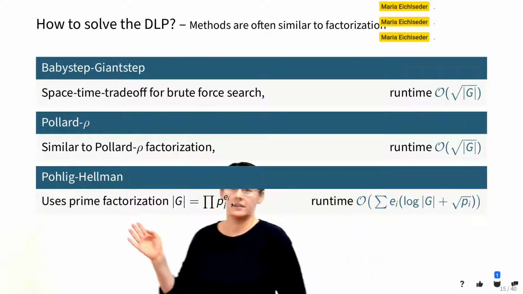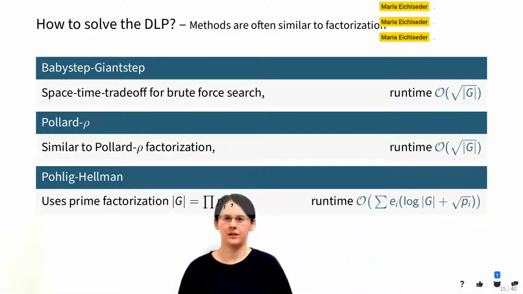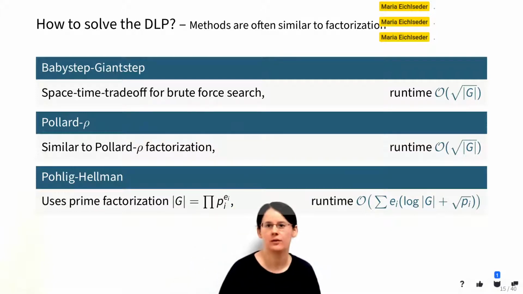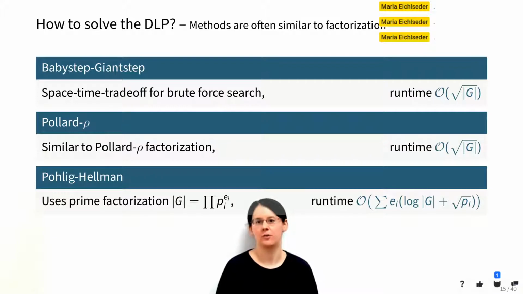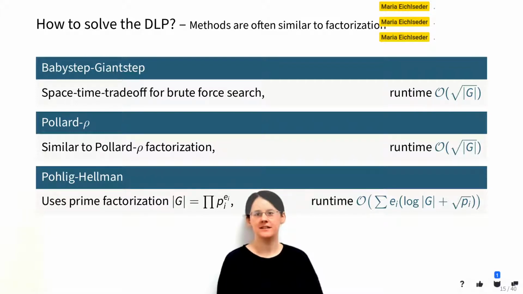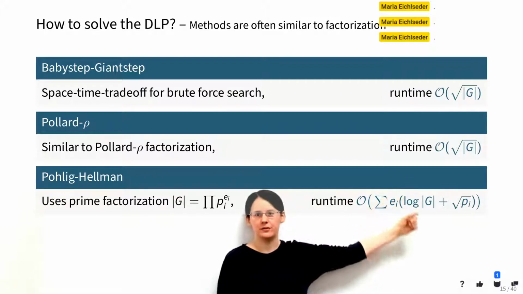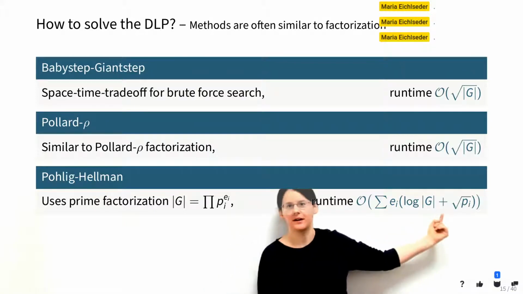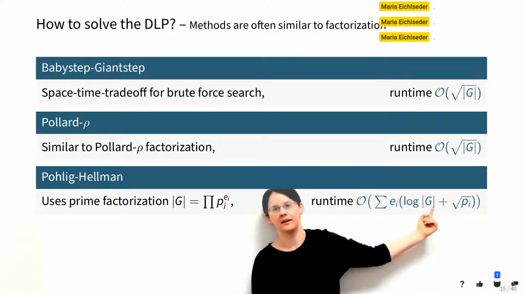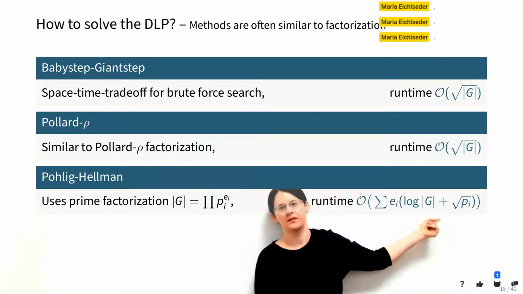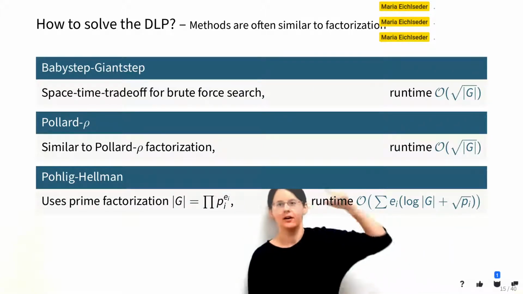There's one other algorithm, the Pohlig-Hellman algorithm, which has a more complicated looking runtime, but it's actually not that much more complicated. The main difference is that it also has the square root factor in it, but it's not with respect to the size of the group, but with respect to the size of the largest prime factor of the group.